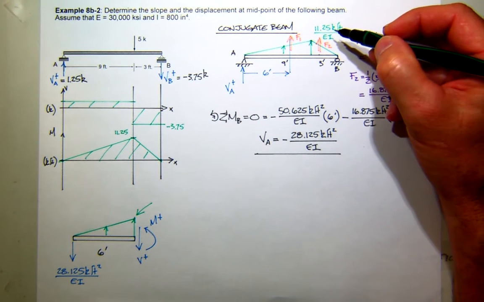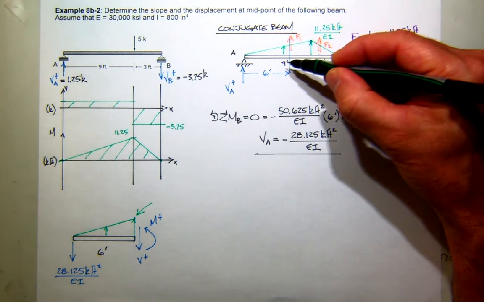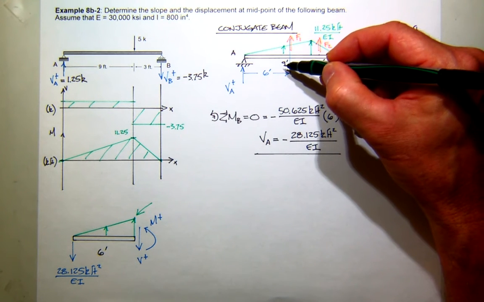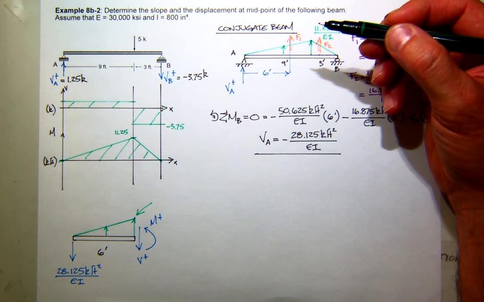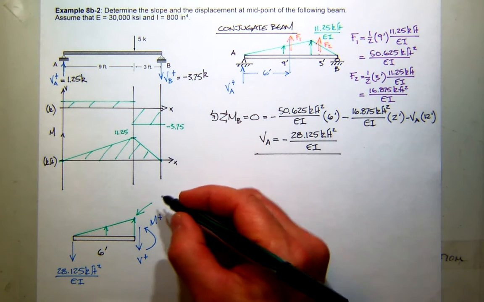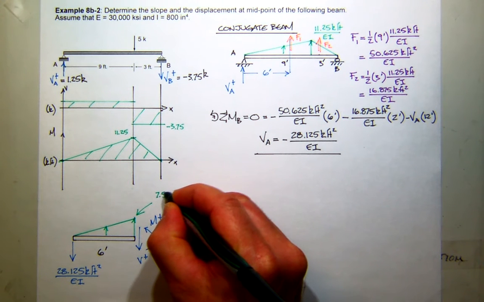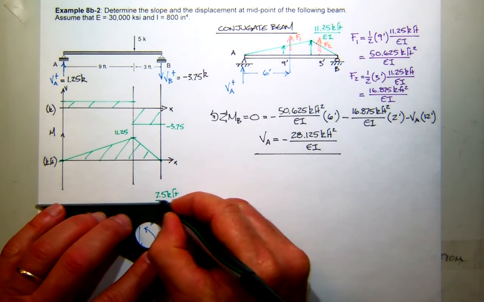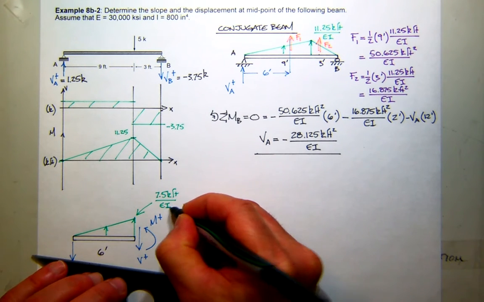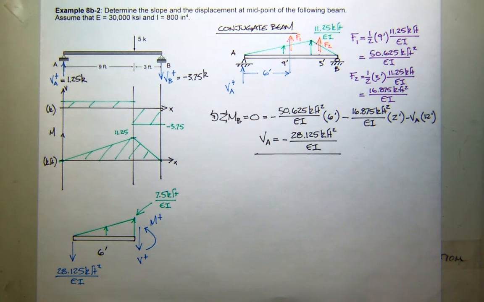So a similar triangle should tell me that if it's 11.25 to 9, what should it be for 6? It should be 2/3 of that. You said it's what? 7.5? So that should be 7.5 kip feet divided by EI. Does anybody have any questions about that?